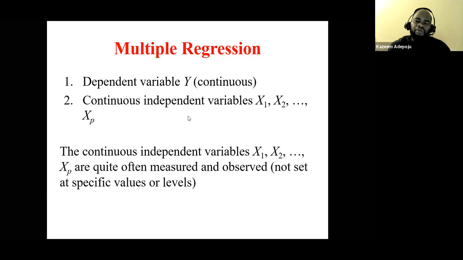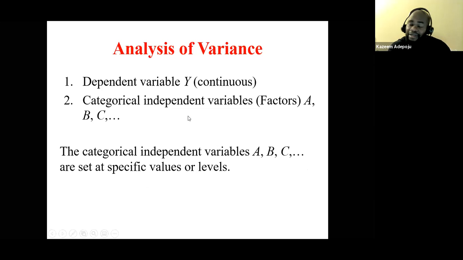Now, for analysis of variance, on the other hand, we are also looking at the effects of predictors on a response. Only that the response has to be continuous and the predictor has to be categorical.